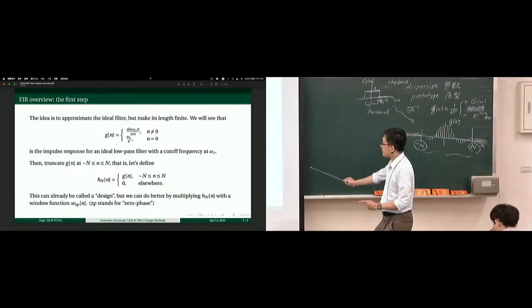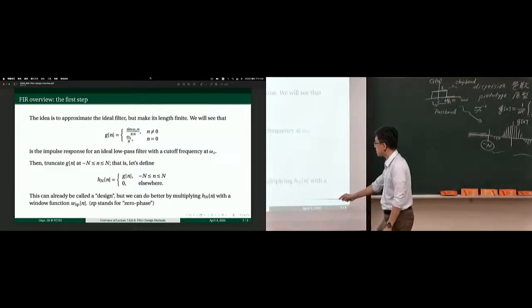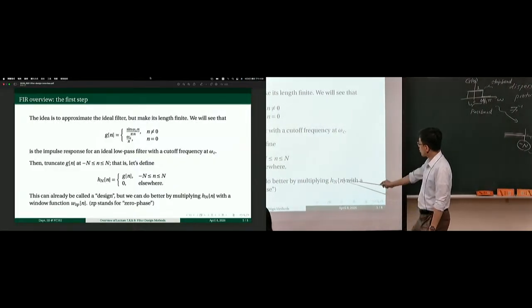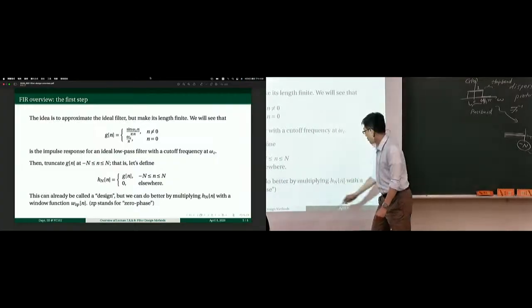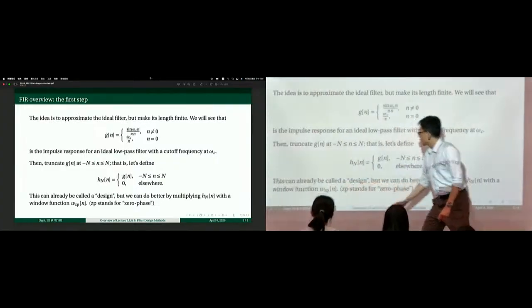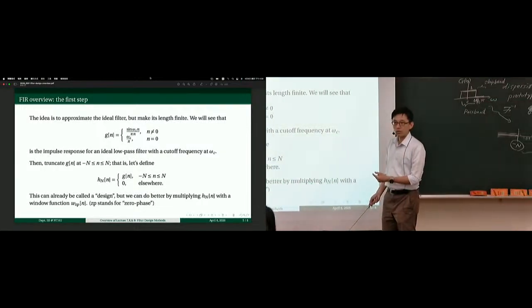It's our first FIR design, because later in class we'll see how to do better. It turns out that the better way is to multiply this further with something called a window function. Just keeping it in the middle is okay, but it's not the best thing you can do.